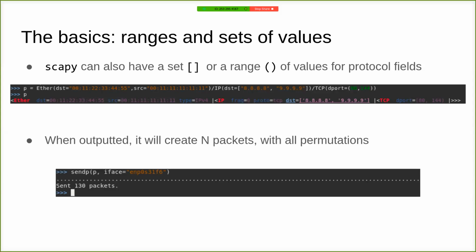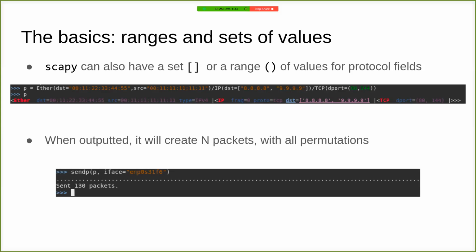So another thing that, to be honest, I've never used much, but that is really cool, is that you can specify both a set of values or a range of values in some of the fields, or all of the fields, of the different packet headers. What it means is that in this example, we're putting a set of 2 IP addresses in the destination IP, and we're putting a range of ports in the TCP destination port.